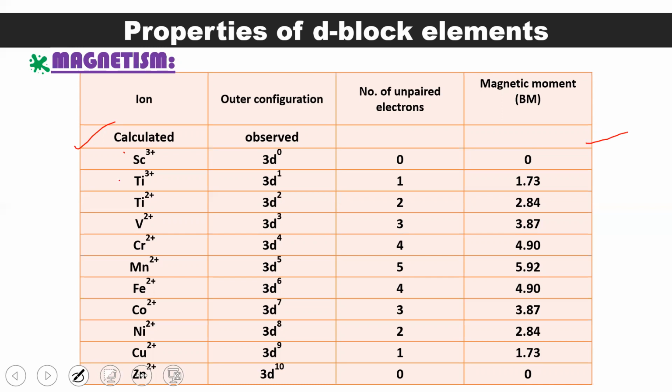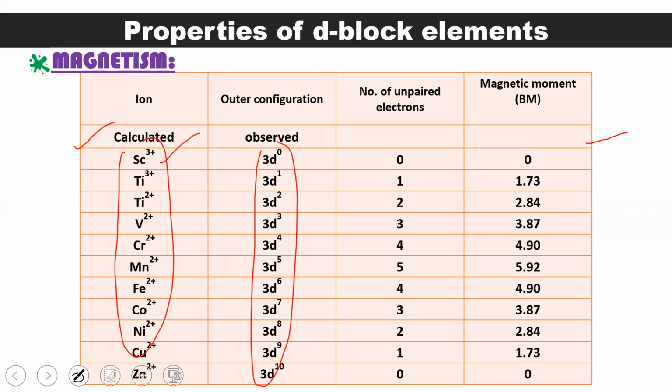These are the elements with the stable oxidation state in the ionic form, the outer configurations of that particular ion, the number of unpaired electrons present in these oxidation states of the individual elements, and the paramagnetism, that means the magnetic moment, for the particular element.